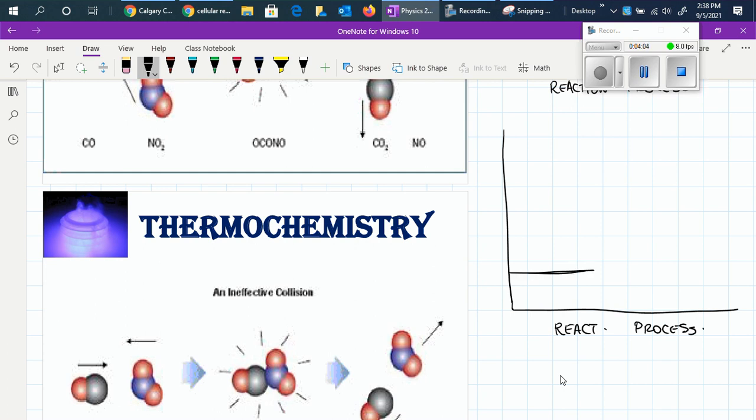They will start here somewhere, and then they will go up, and will form whatever.